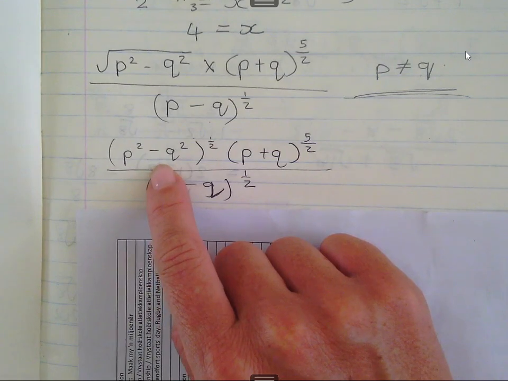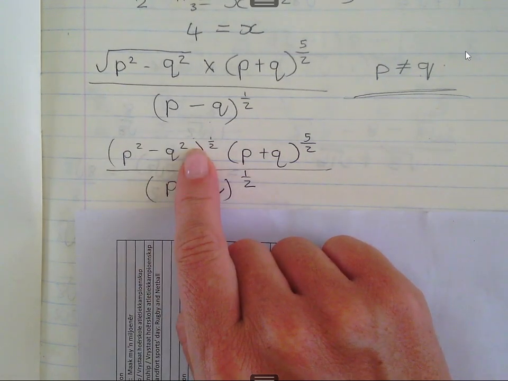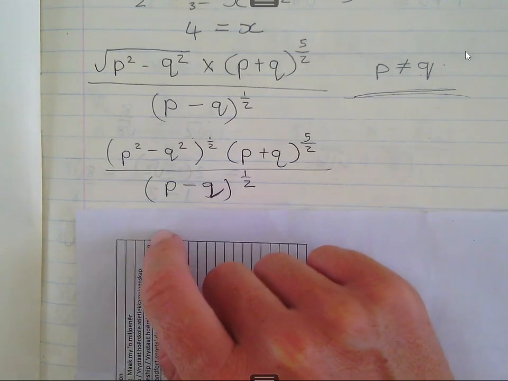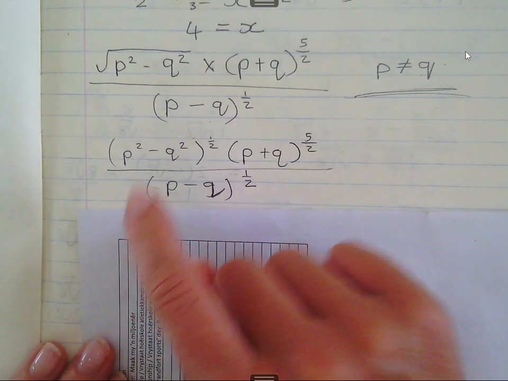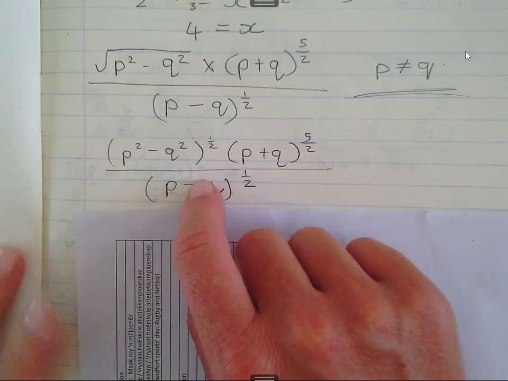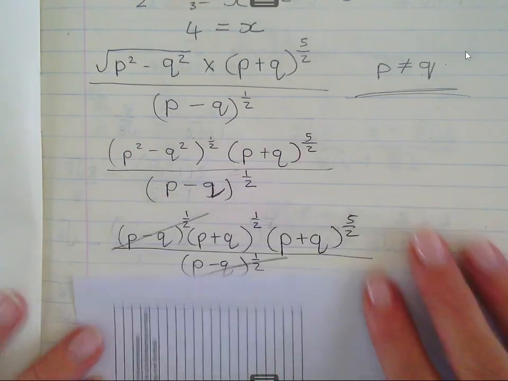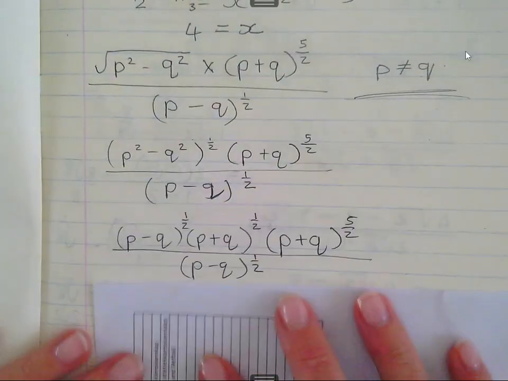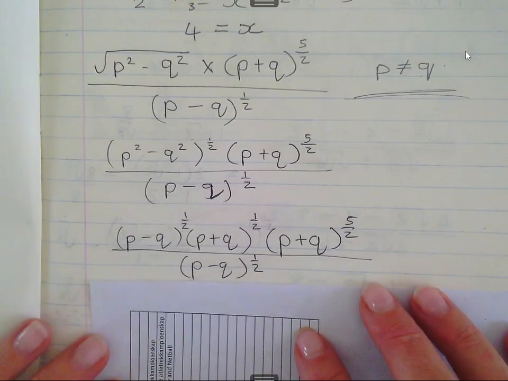Difference of two squares. Is there a different way that I can write difference of two squares? Yes. It's two brackets, one with a plus, one with a minus. It will look like that.